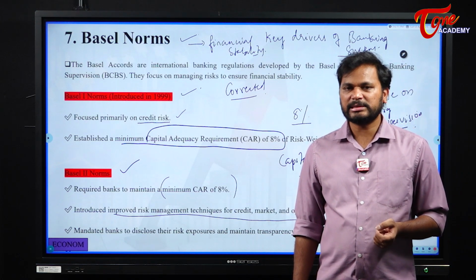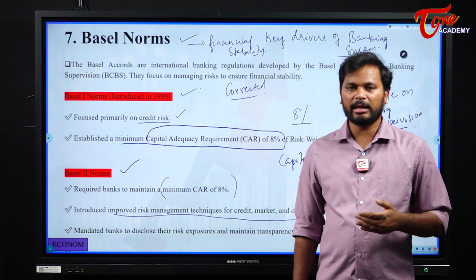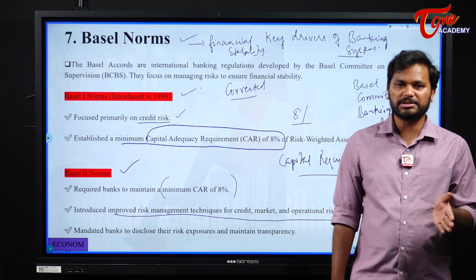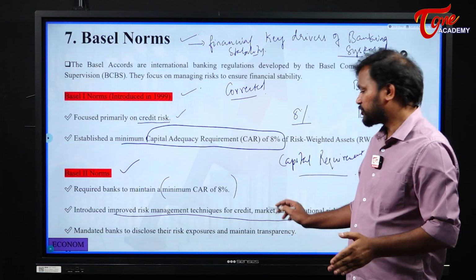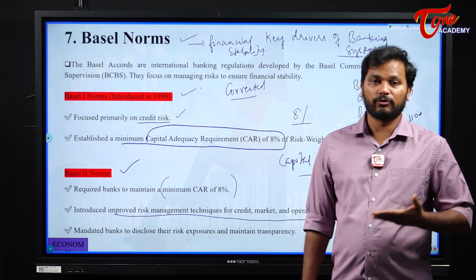But if there is a bankruptcy, or if there is an increasing number of NPAs, then the banks or the financial institutions should focus on short-term loans or areas of no risk at all.